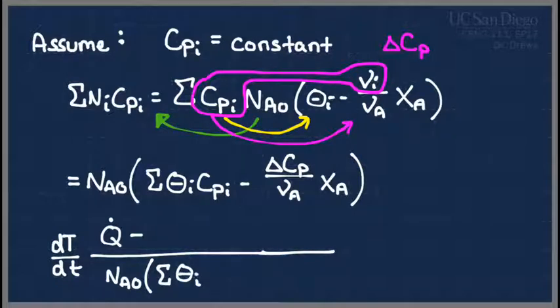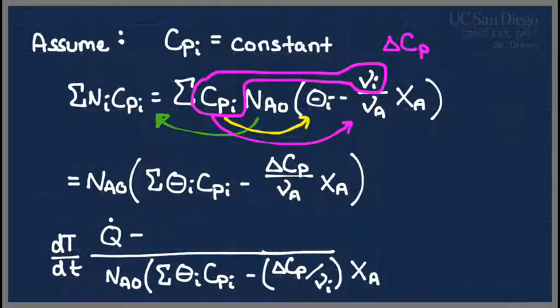So that's why we've got this theta I times Cpi, and then minus the delta Cp divided by the stoichiometric coefficient, times x sub A. I'm just going to put another parenthesis there in case anybody thinks that x sub A is actually on the bottom. It's not.